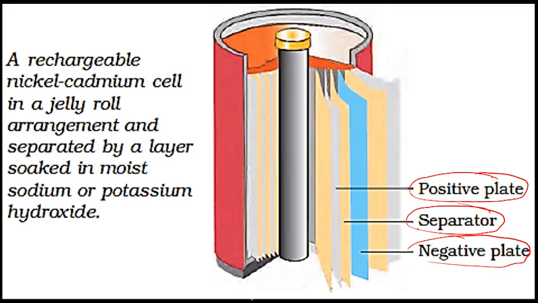Positive plates are connected to the cathode. Negative plates are connected to anode.